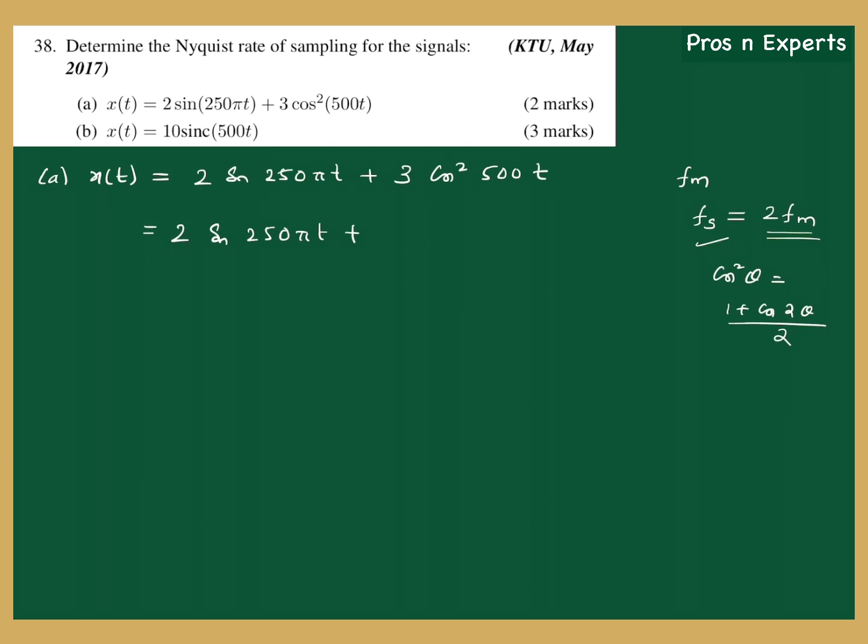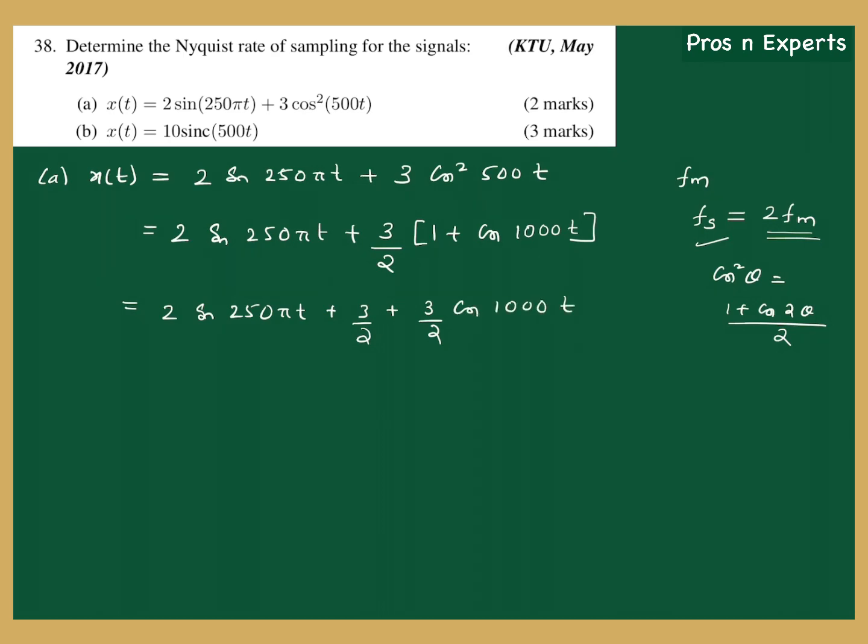So I can write it as 3 divided by 2, taken into 1 plus cos 2 into 500, that is 1000 into t. That means it is 2 sine 250 pi t plus 3 by 2 plus 3 by 2 cos 1000 t.